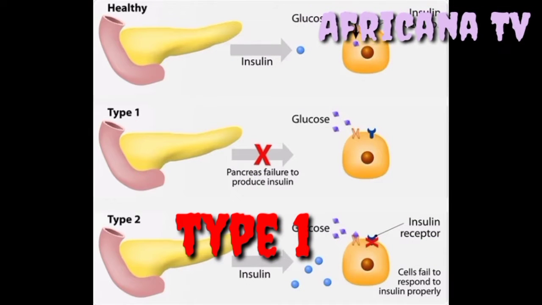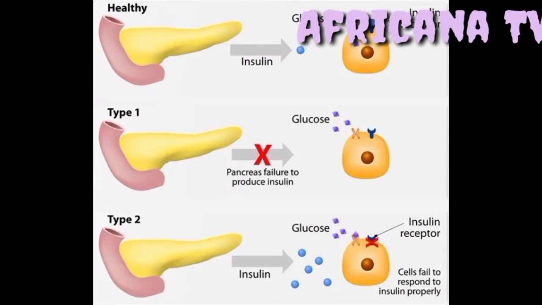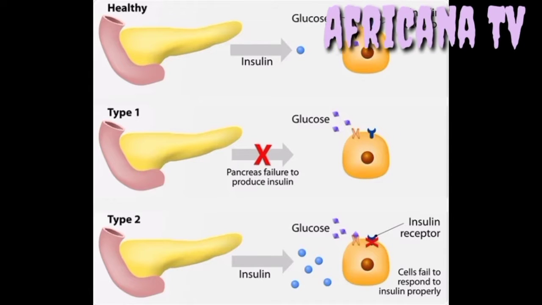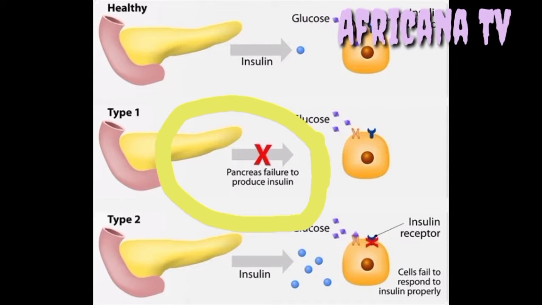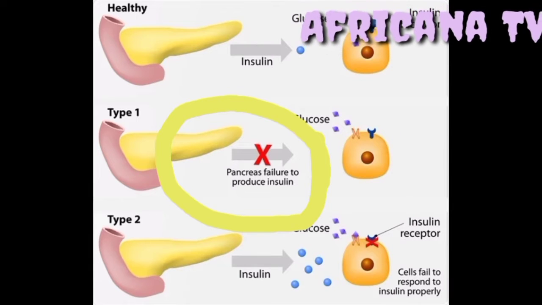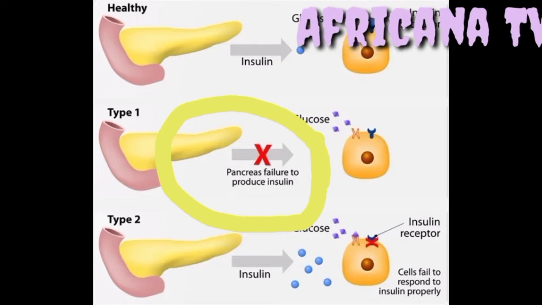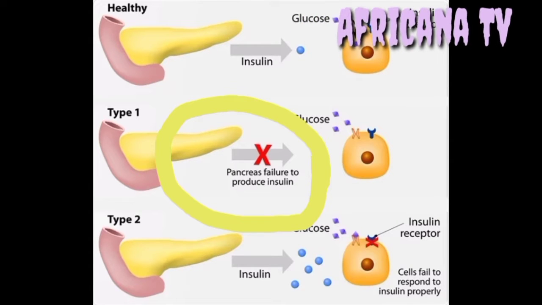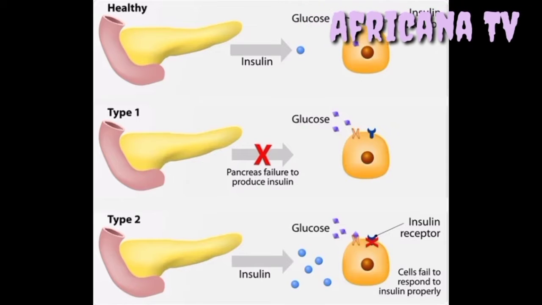Let's look at type 1 diabetes. Type 1 diabetes occurs when the pancreas is not able to produce insulin, or produces only a small amount of insulin, to facilitate absorption of glucose into the body system.